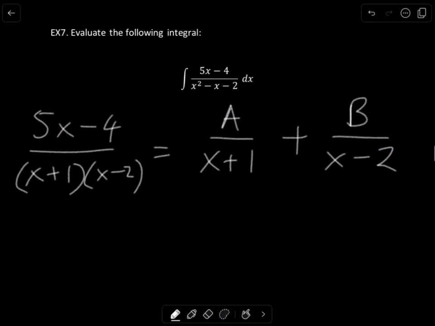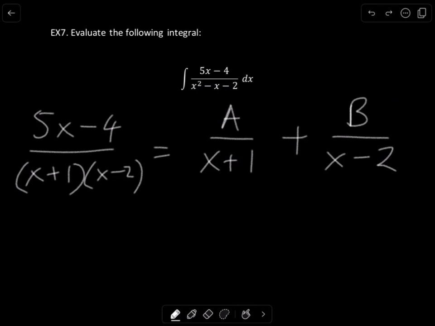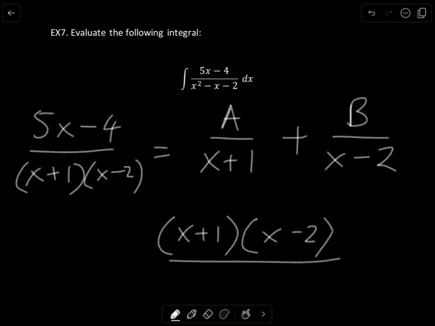Now what we need to do is solve for A and B. Now watch the next step carefully. What I'm going to do is multiply. So what we have here is an equation. I am going to multiply this entire equation by x plus 1 into x minus 2, the left and right hand side.